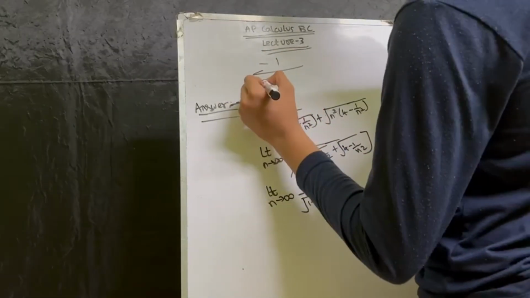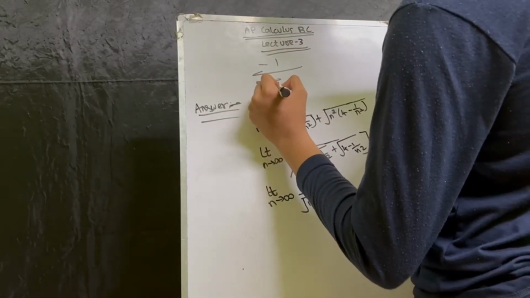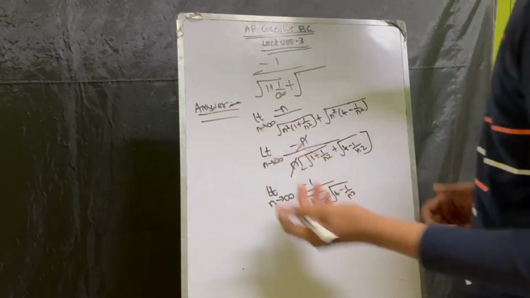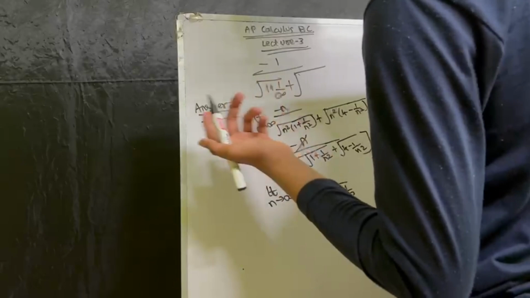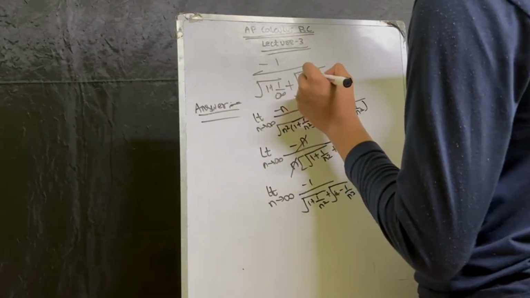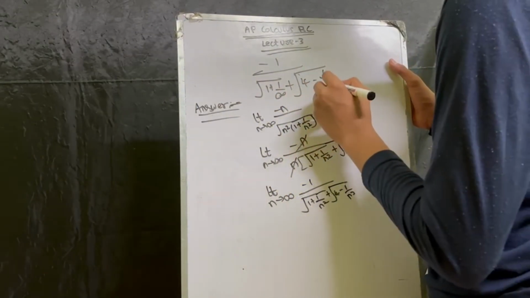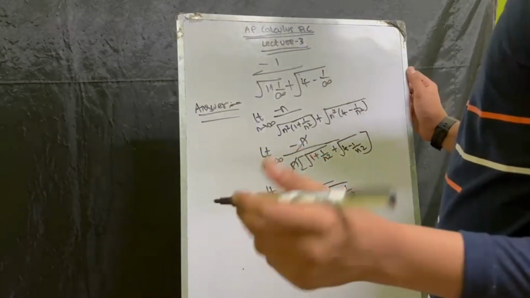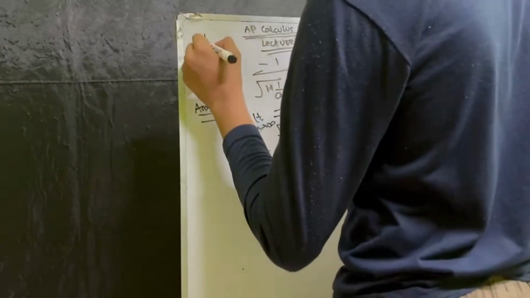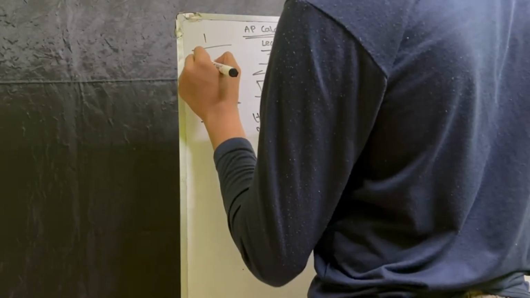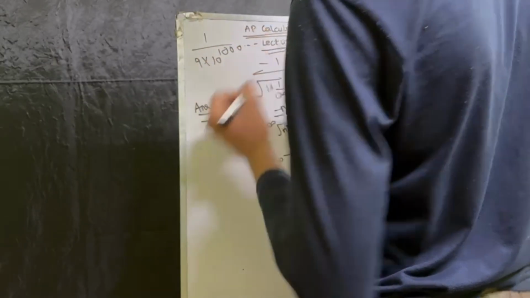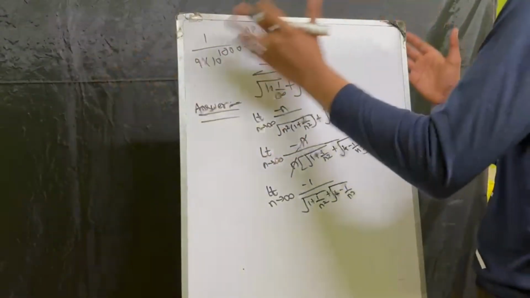Minus 1 by the square root of 1 plus 1 by infinity plus the square root of 4 minus 1 by infinity. So 1 by infinity is 0. That's because infinity can be 9 into 10 power and so on, a very, very big number.